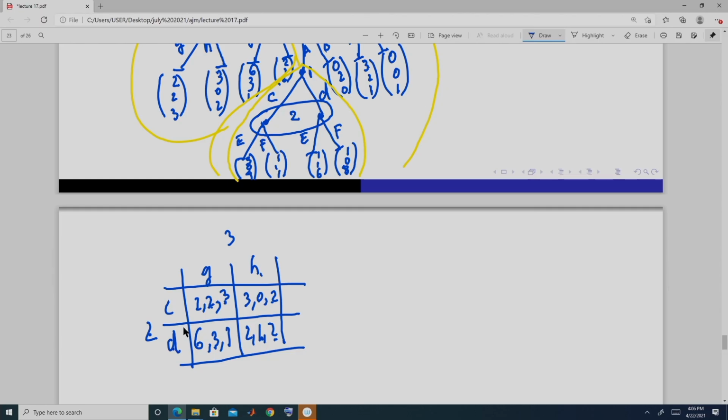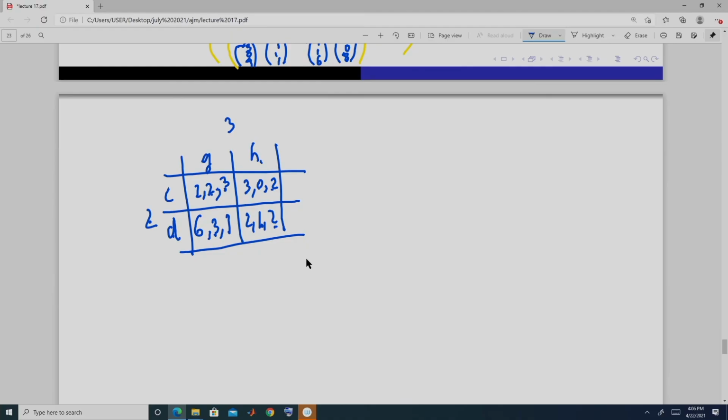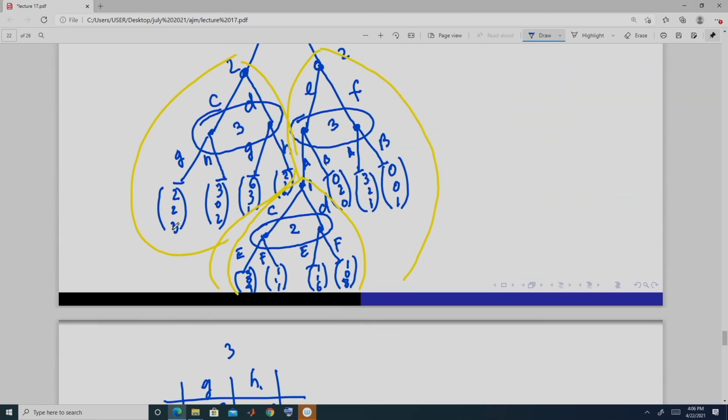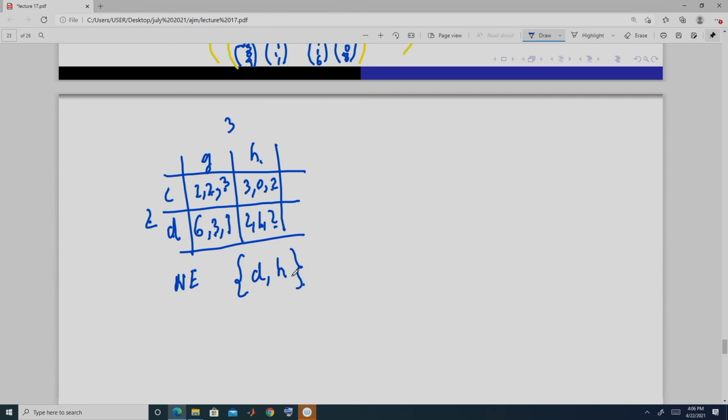So, because D is actually a dominant strategy for player 2 here, C is dominated by D. In this way, the Nash equilibrium is DH. So, in this subgame, the Nash equilibrium is DH.